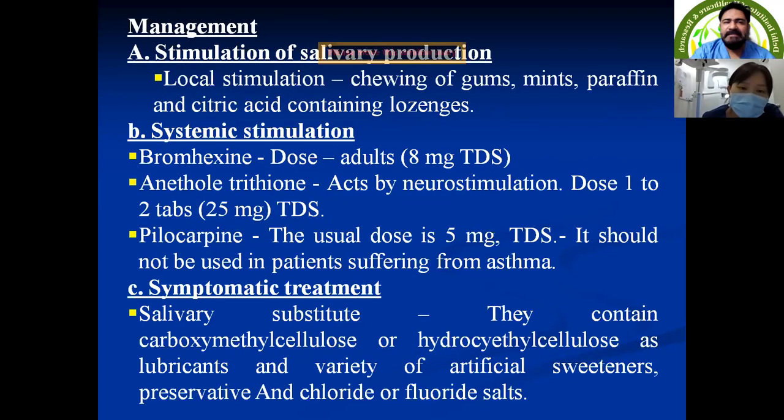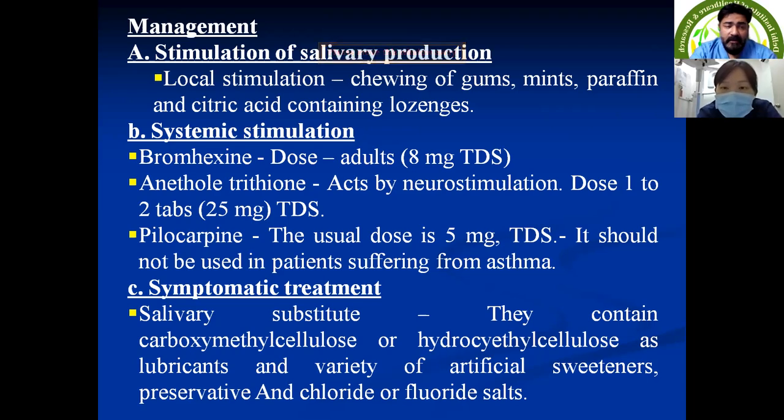Now, management is stimulation of salivary production. Local stimulation by chewing gum, mints, paraffin, and citric acid containing lozenges. Then systemic stimulation by bromhexine, dose in adults is 8 mg 3 times a day.